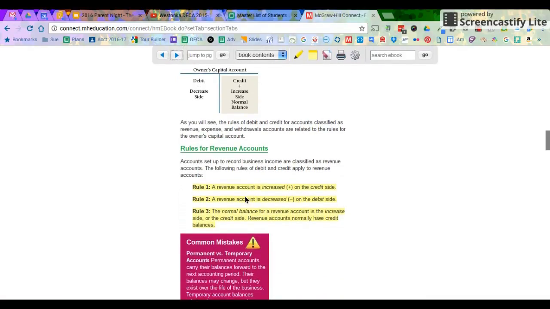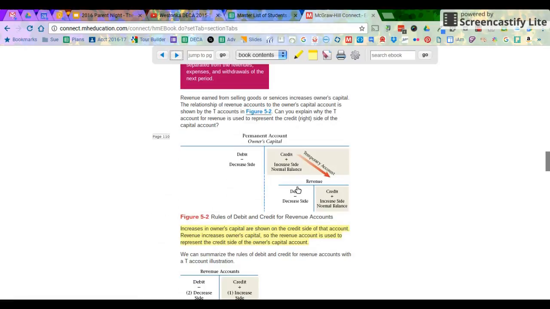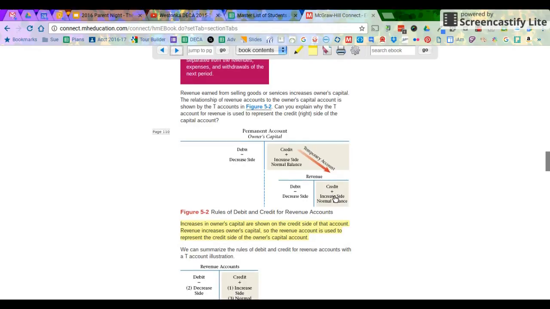So we're going to look at the rules for revenue, expenses, and withdrawals. Revenue, we know, is an increase to capital. So revenue generally has a credit balance. Its normal balance is the credit side. It makes sense when we transfer it, we want it to increase. So it has the same rules as capital. And here we have this little example of revenue. We're going to actually transfer it at the end of the month into capital.